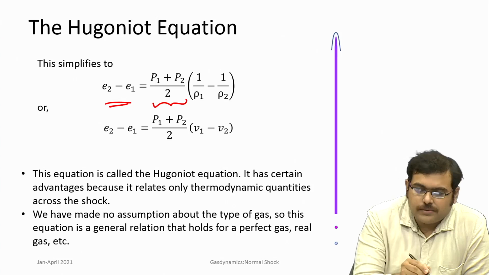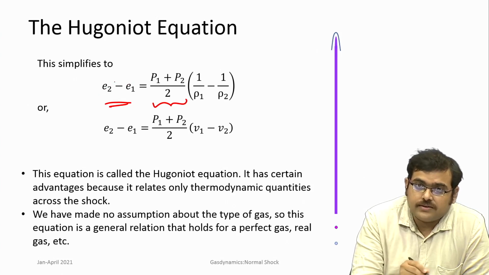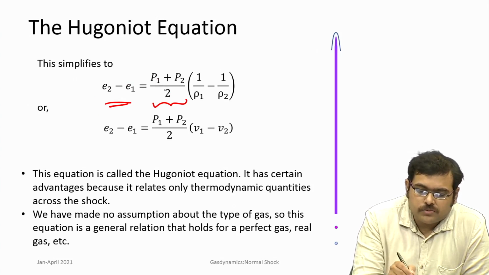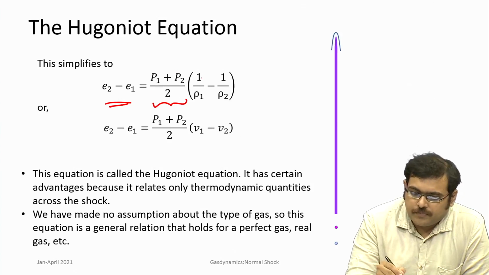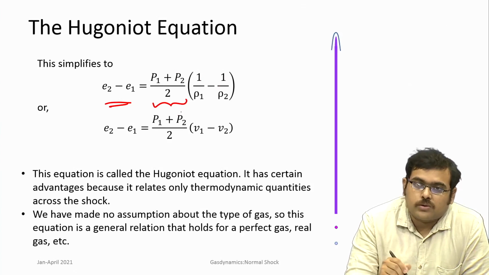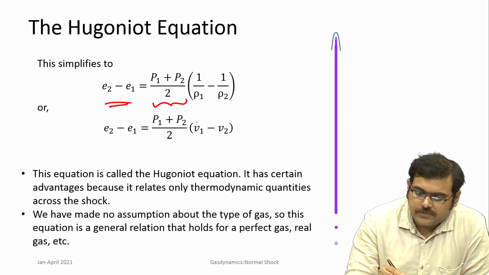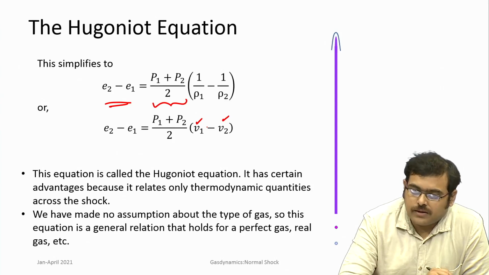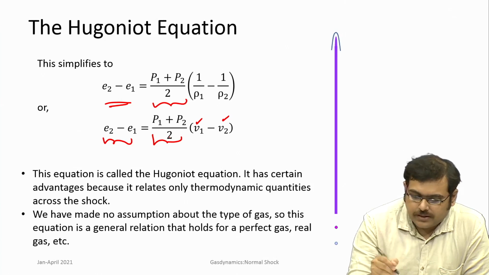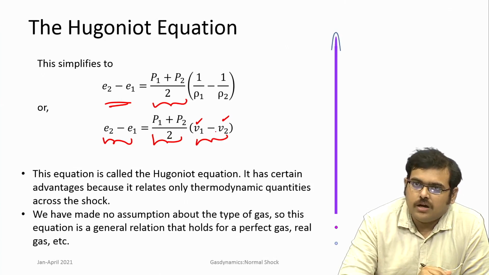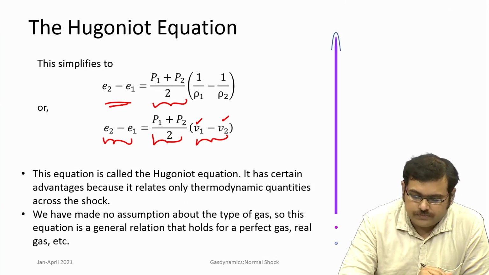So E2 minus E1 is the internal energy difference across the shock wave, while (P1 plus P2) by 2 is an average pressure, and 1 by rho 1 minus 1 by rho 2, if expressed in terms of specific volume, is V1 minus V2, the change in specific volume. So change in internal energy is equal to average pressure multiplied by change in specific volume.